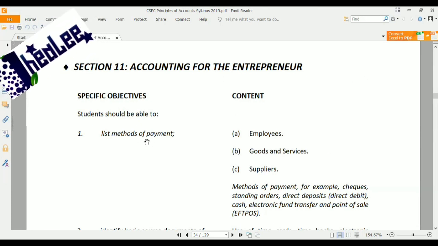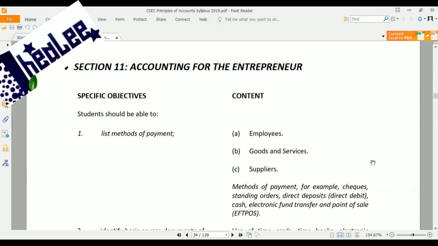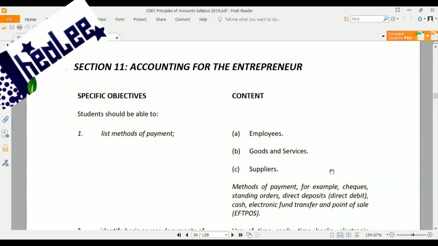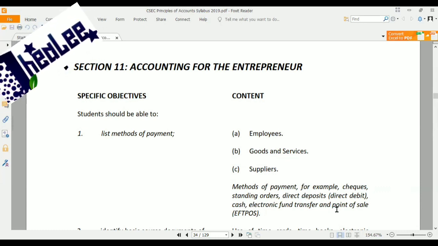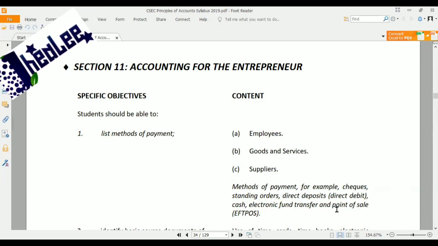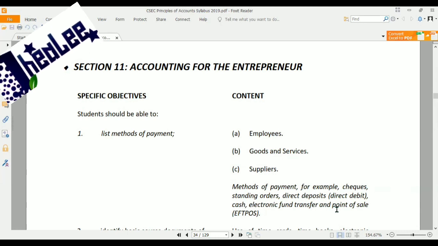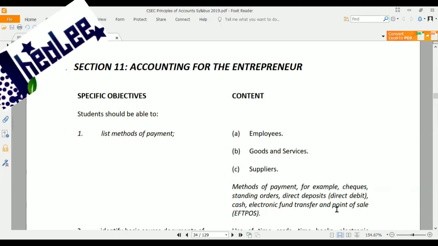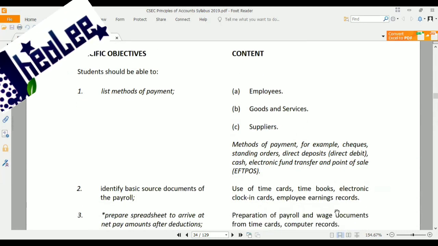The first one, list methods of payment to your employees, method of payment for your goods and services, right? Or you can pay your suppliers. And here are some examples: by way of checks, by way of standing orders, direct deposit, electronic transfer. And some of you are very familiar with these things because we're now using technology, and persons do have their banking apps, etc. Instead of going into the bank, you're now doing everything online.